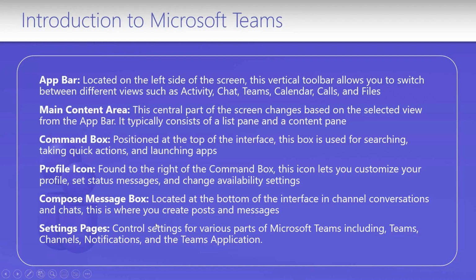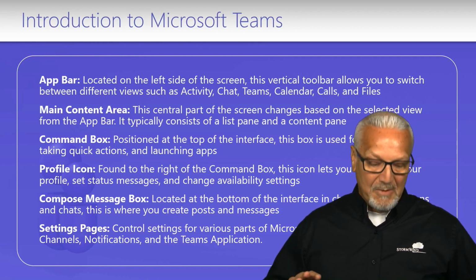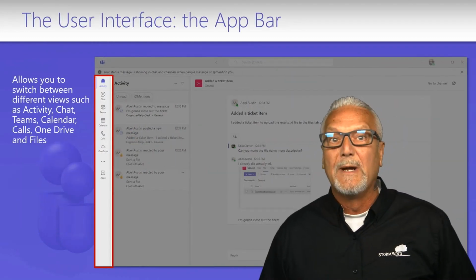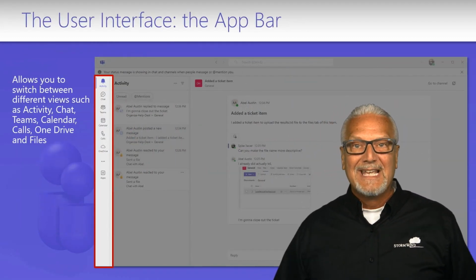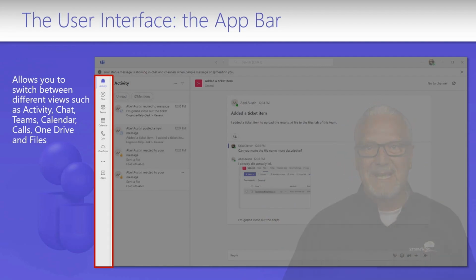You can refer back to these slides. After the class, you have access to these slides, so you can refer back to this later on for reference. But what we're going to do is we're going to actually go into the user interface now, and I'm going to highlight these different sections, and I'm going to move myself out of the way, and then we're going to talk about what they are.